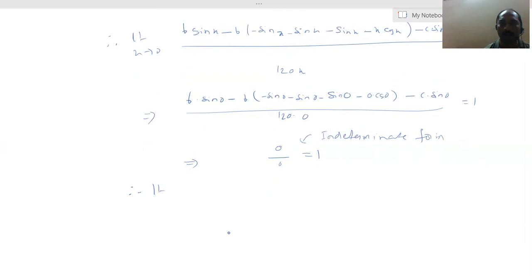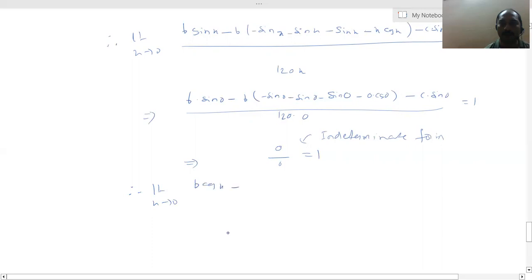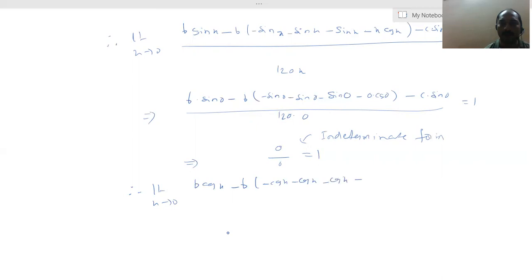Therefore, the limit value is, limit x tends to 0, b times sin x derivative cos x, minus b times sin x derivative cos x, minus cos x, minus of the derivative of the first function into the second function plus the derivative of the first function, minus becomes plus x into sin x, c times cos x as the last term derivative, over the denominator derivative 120 because the derivative of x is 1.